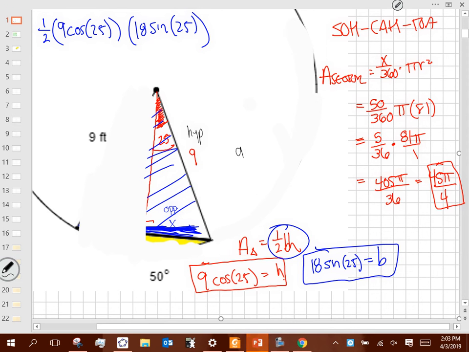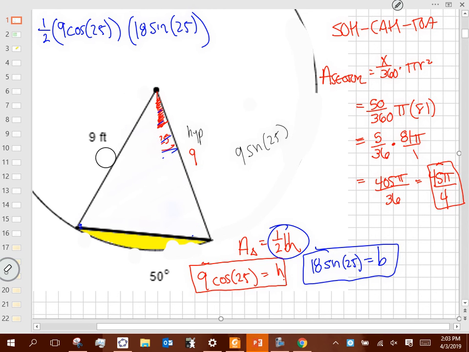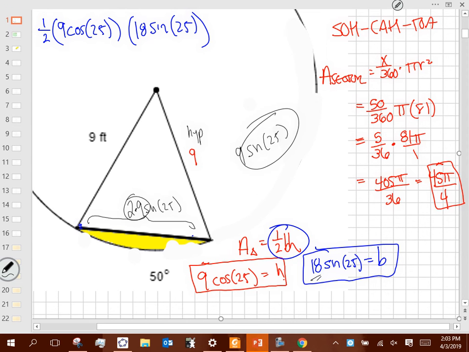So that ended up giving me 9 sine of 25. And that would give me that x right there. But remembering that we want to actually find the area of that entire white triangle, right? So this base here is actually double this. So I take 2 times 9 sine of 25, and that is that base right there. So 2 times 9 is where that 18 comes from.